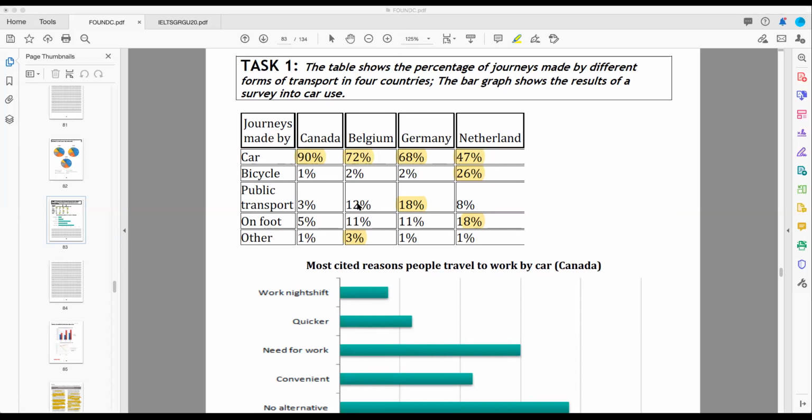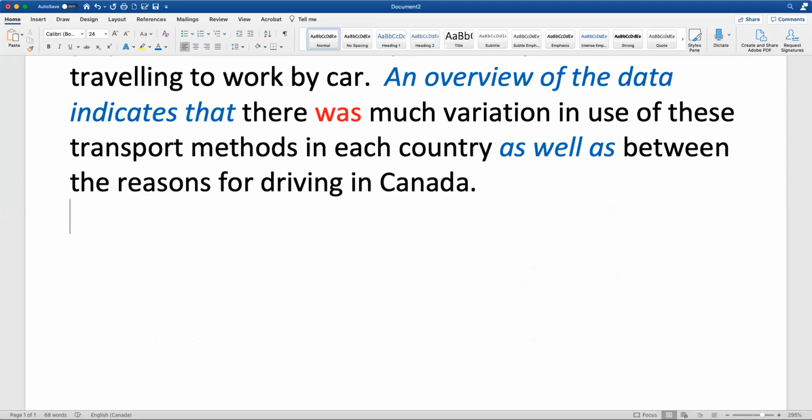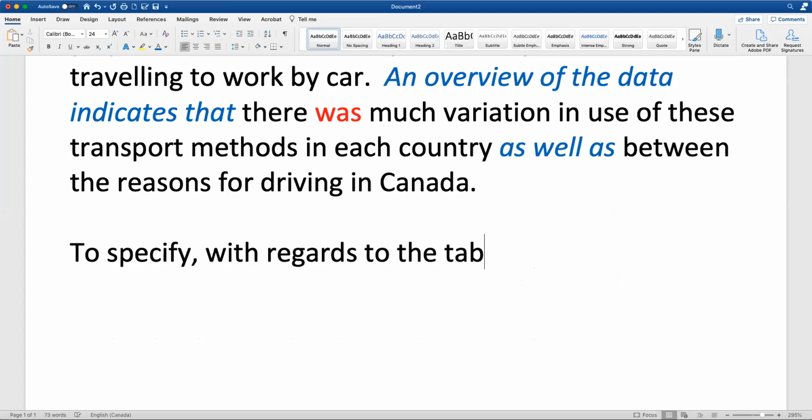So, to specify, with regards to the table, strikingly, that can be our starter.